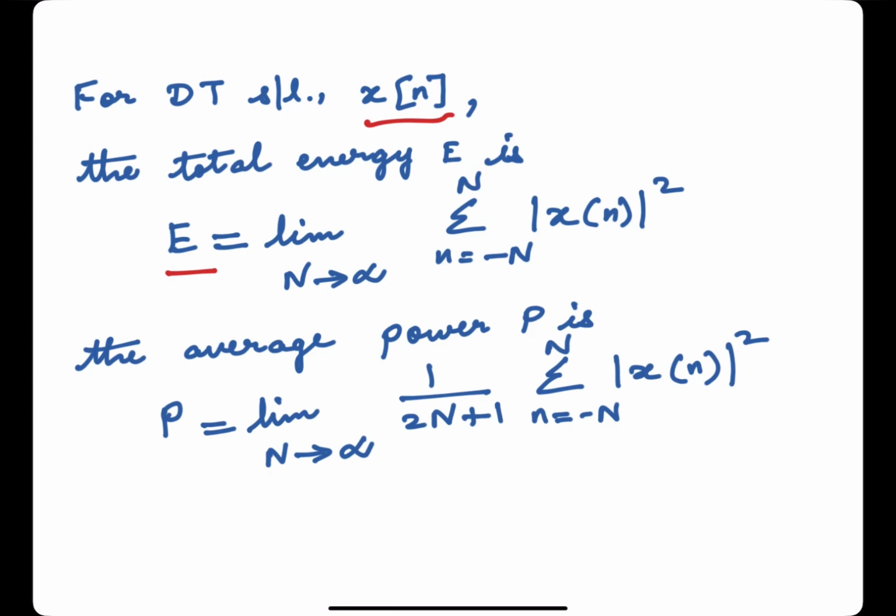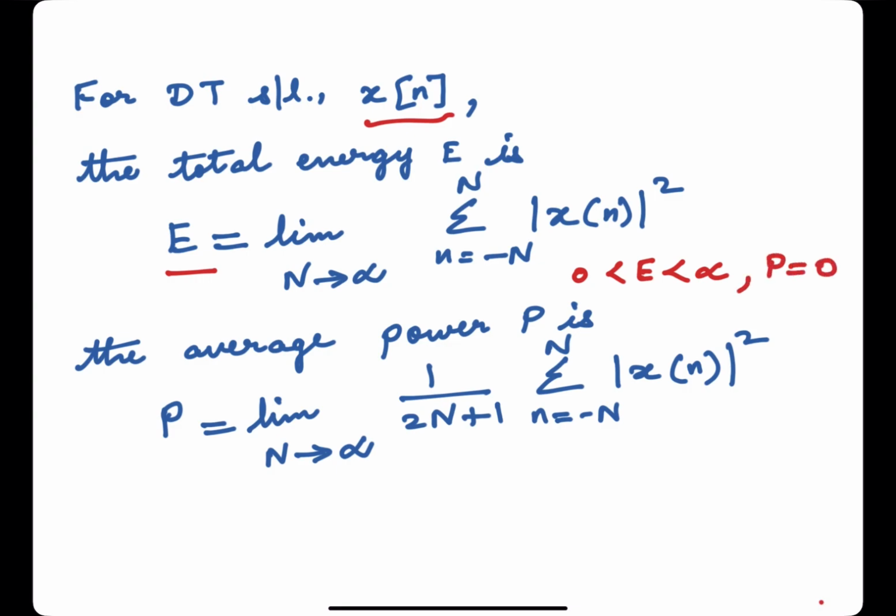As x[n] is a discrete time signal and it exists only at discrete instants of time, the integration in the continuous time equations is converted to summation in the discrete time domain. Here, similar to the continuous time signal, if the energy E is finite, then it is called an energy signal.